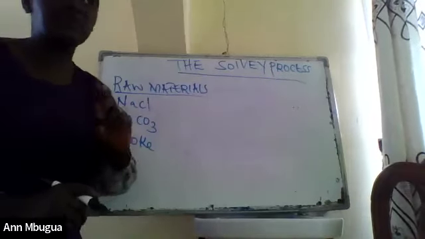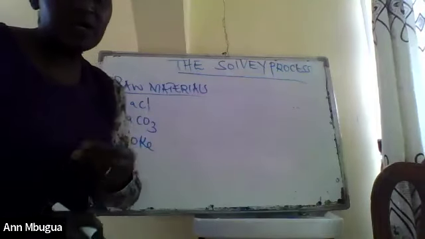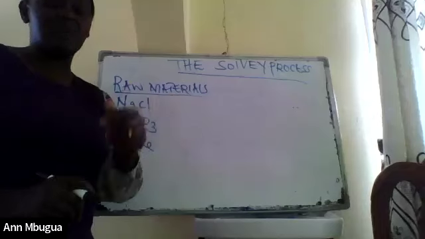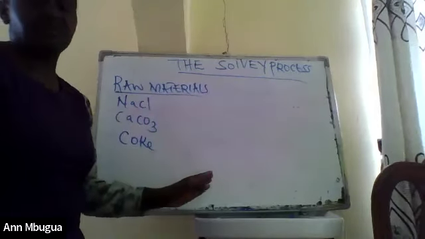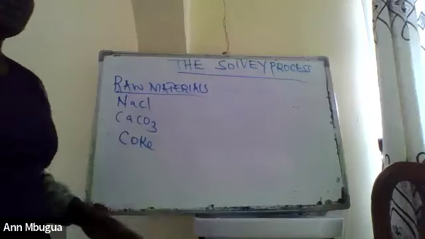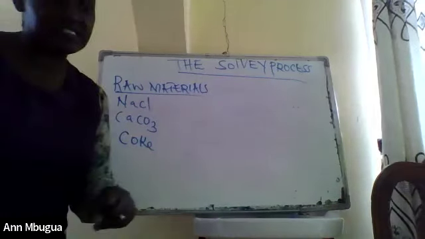We came across it when we were discussing the amorphous forms of carbon, and coke was one of them. We said its major use is as a raw material in the Solvay process. That's why we are mentioning it here.